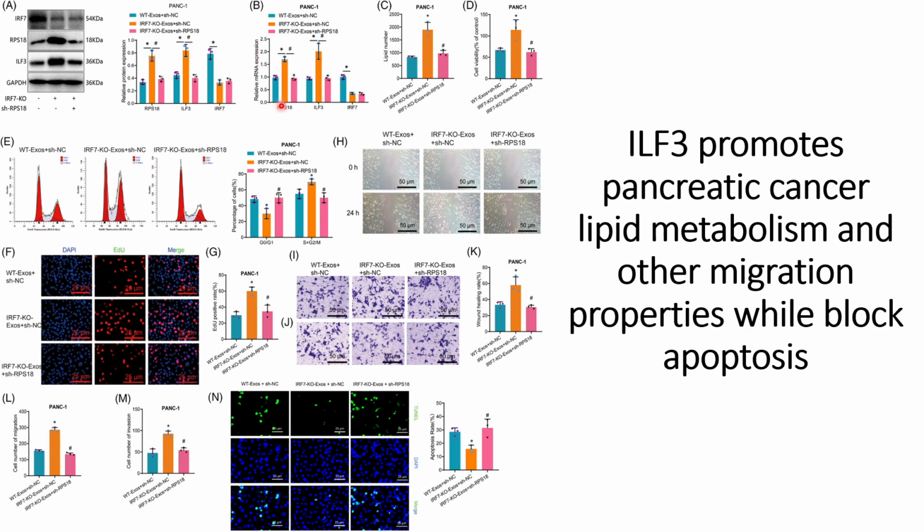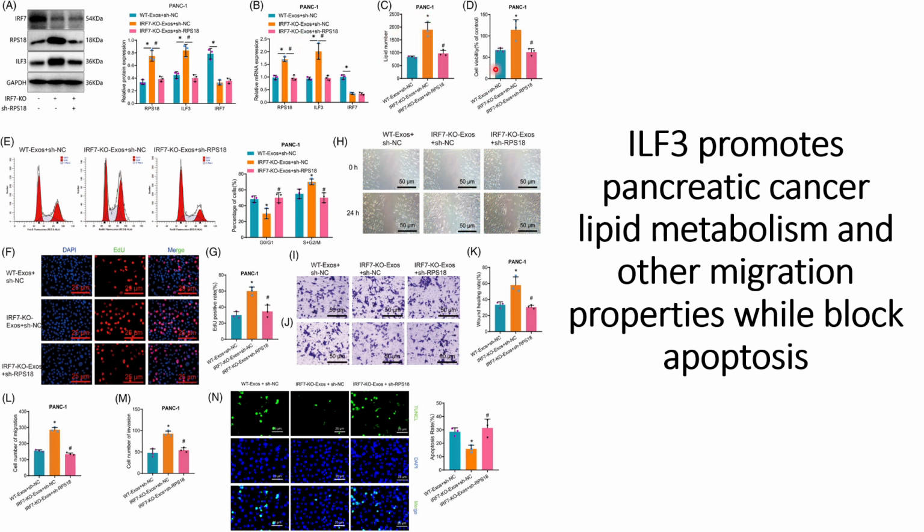That is, for the IRF7 knockdown and short hairpin control RNAs, they see the highest amount of RPS18 and ILF3. However, for the case of wild type exosomes, they see a high amount of IRF7 in the PANC1 cells. All these observations are done in the PANC1 cells right now.